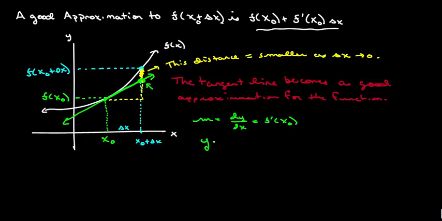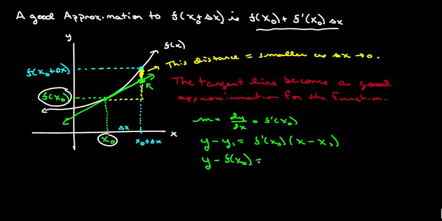Now if I want the equation of the green line, then I've got the following. y minus y1 is equal to m times x minus x1. Well, I need a point on my line. That's the y1 and the x1. Well, I have a point on my green line. Here it is. So let's insert those in here. This is going to be y minus f at x naught is equal to f prime x naught times x minus x naught, like that.